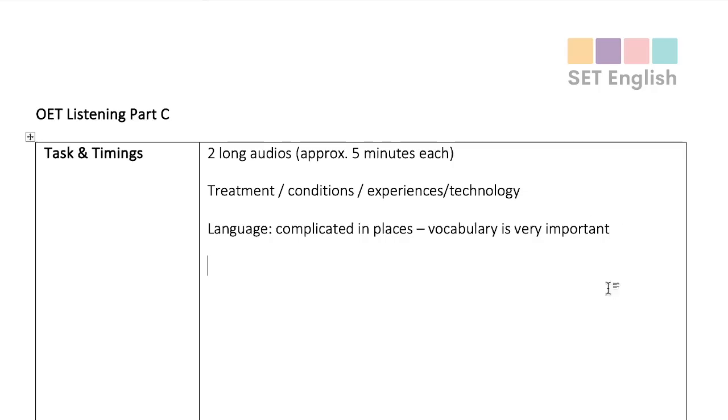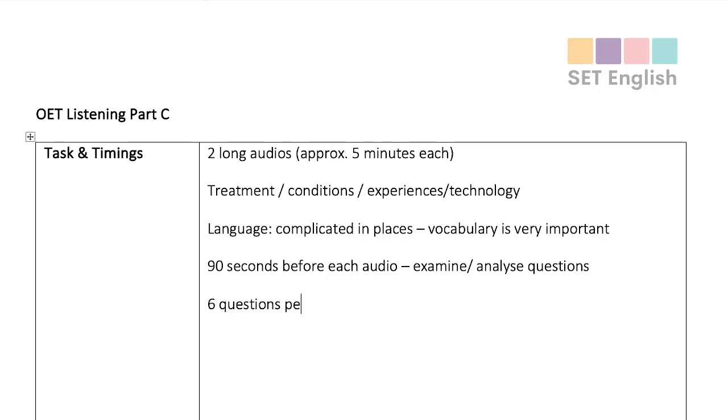Now, in terms of timings, you're going to have 90 seconds before each audio to examine and analyze the questions. You're going to have 6 questions per audio, which means 12 in total.